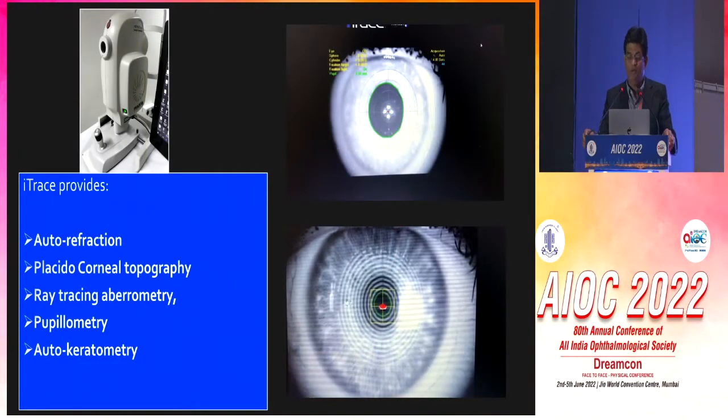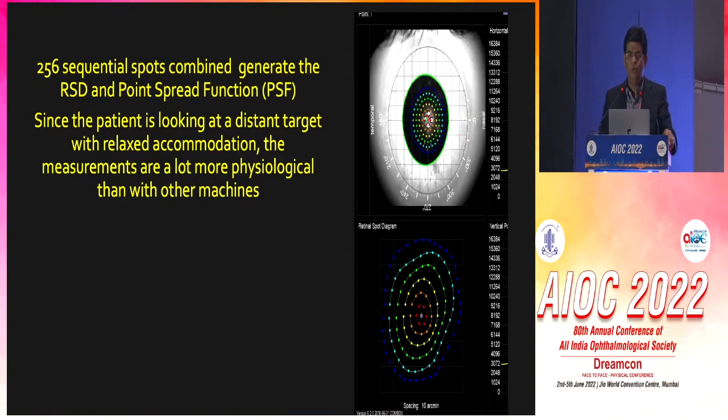And what is it? It is basically a placido-based topography, and at the same time, there is an aberrometer, right? So, it provides us with auto-refraction, it provides us with the keratometry, placido-based corneal topography. It also does ray tracing aberrometry and does the pupillometry in these patients. So, what is the advantage of an iTrace?